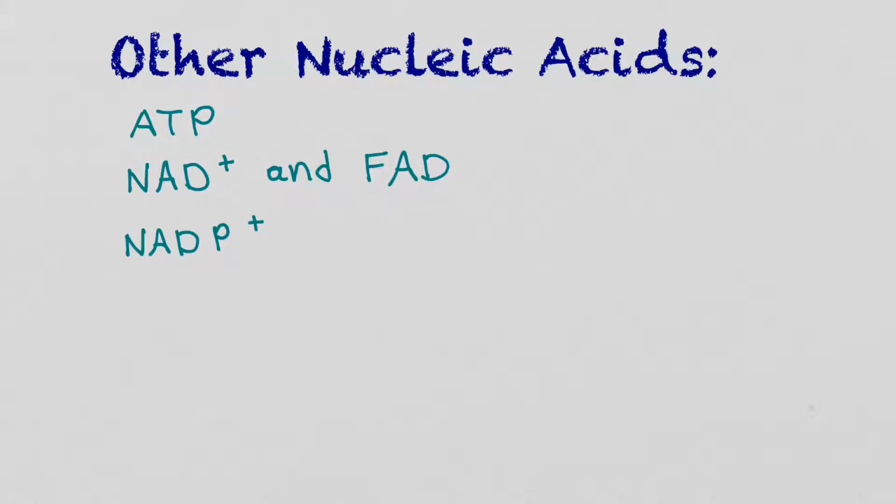NAD plus and FAD, if you remember, are from cellular respiration, and they become reduced, and then they donate their hydrogens and electrons in the electron transport chain to drive the production of ATP. And then finally, NADP plus is another coenzyme that's found in the electron transport system of photosynthesis, and it becomes reduced, and then it donates its hydrogens and electrons to convert carbon dioxide to simple sugars.